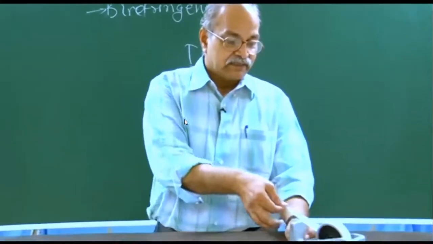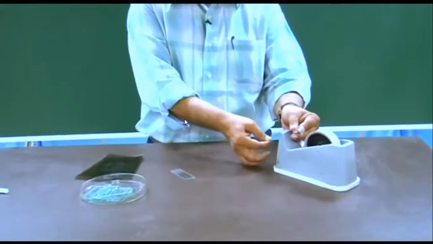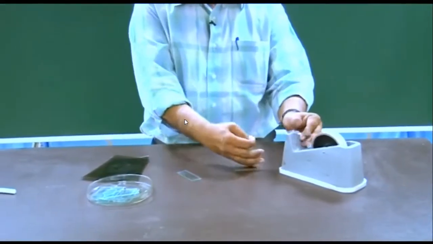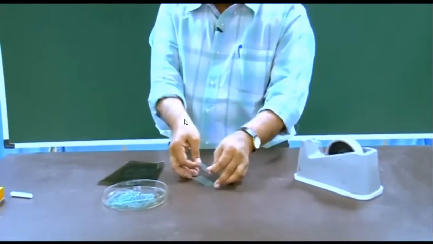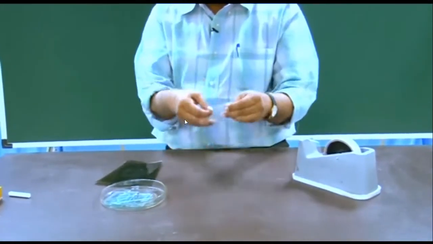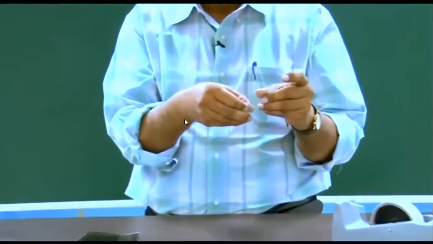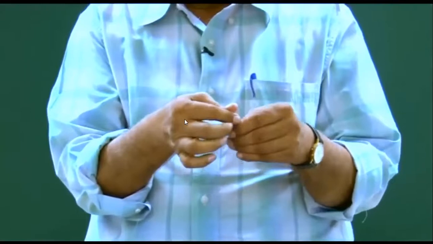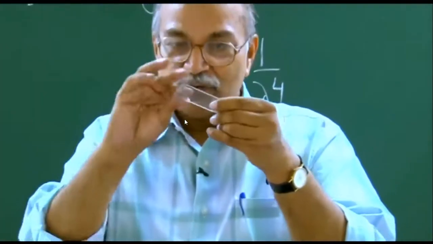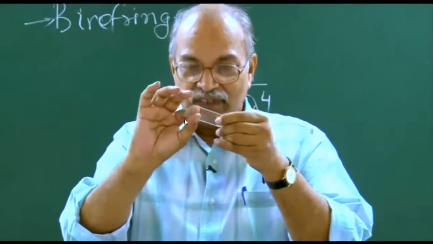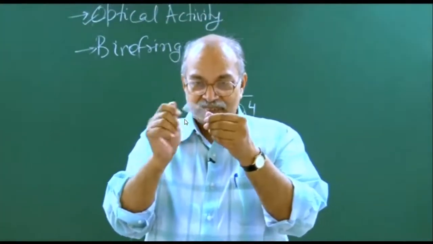So I take a layer and put this layer of tape on this glass slide. Okay. So it's one single layer of tape, you won't be able to see the tape, but perhaps you can see a wrinkle here. So one layer of tape is here.